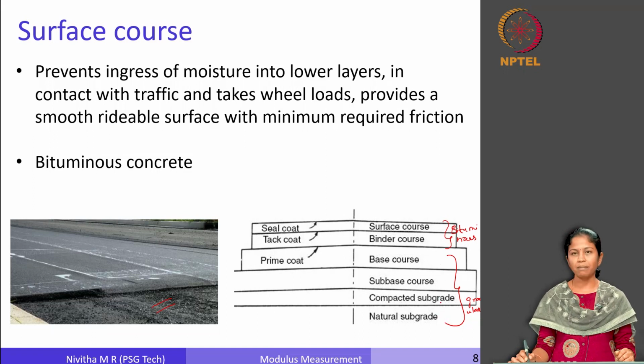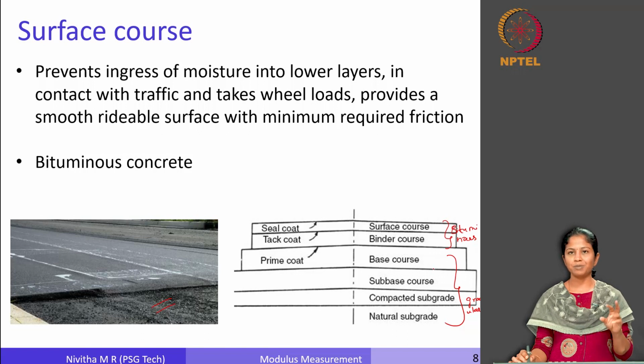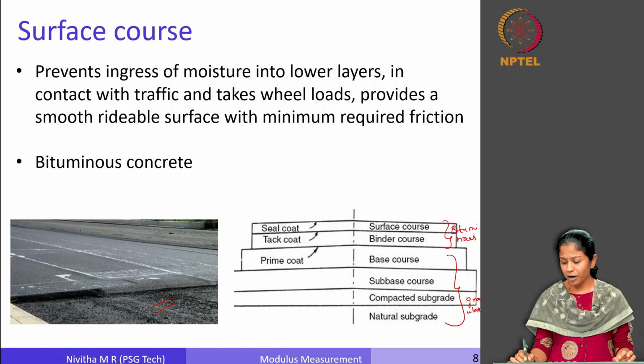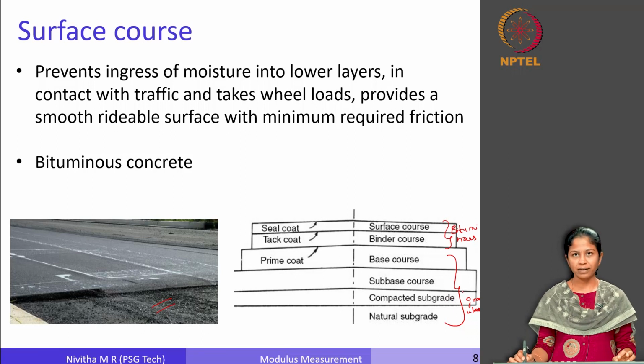Subgrade and compacted subgrade are the natural materials which are present there, whereas sub-base and base course we bring in, and these have to meet a specific gradation and so on. Similarly, in a binder course the larger aggregates are present and the binder content is less, whereas in a surface course the gradation is very tight and you have a higher binder content. So, for each of these layers the modulus value is going to be different.